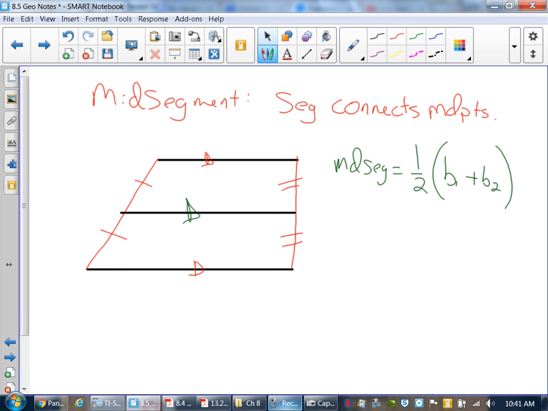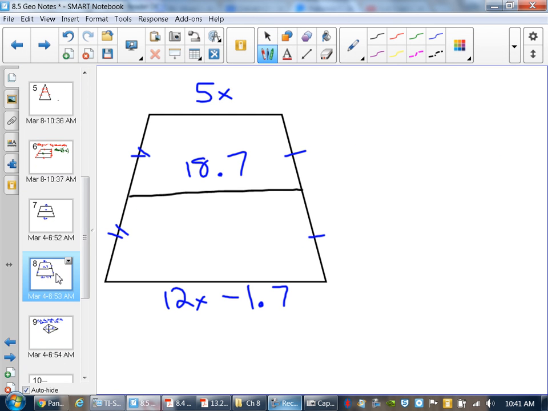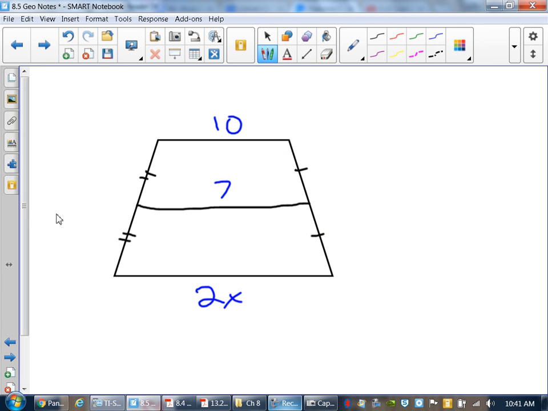We did this before where we had halves. We got rid of it. I think it was something with mid-segment. So what happens here is we can do this. If I want to solve for x, believe it or not, there's actually going to be 3 different ways to do this.